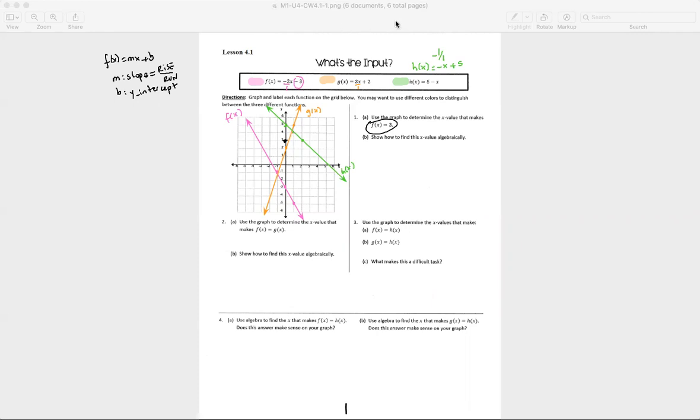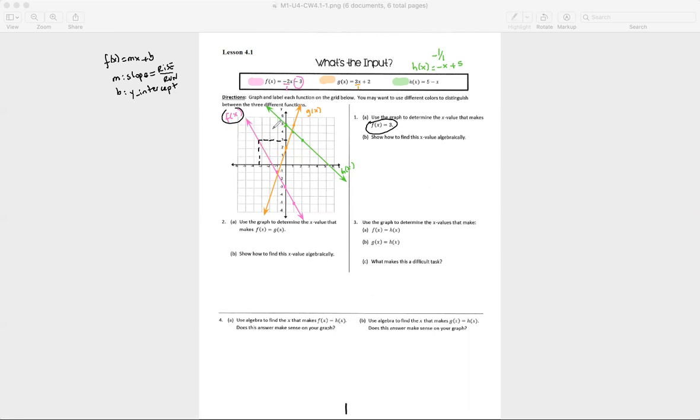So for me to know which value of x gives me the y value 3 for f, I would have to draw a horizontal, kind of virtual line from 3 that cuts the graph of f of x, and then from there I'll draw a vertical line that goes down to the x-axis, and that would determine the corresponding x value.